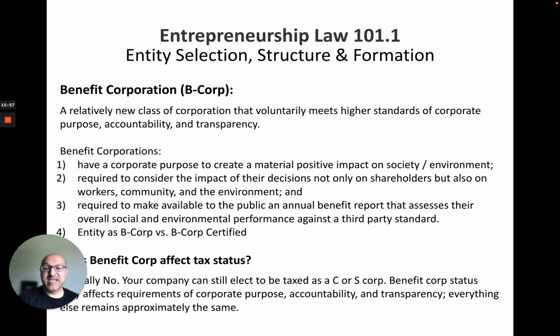The other is that you can be a C Corp with authority to make decisions for social impact like a B Corp would, and then you would have that authority without forming a B Corp or without being B Corp certified, because there is a fee associated with becoming B Corp certified.